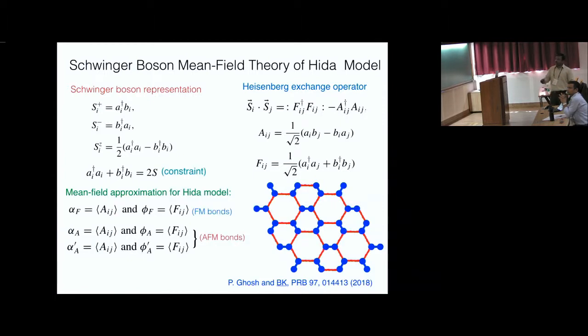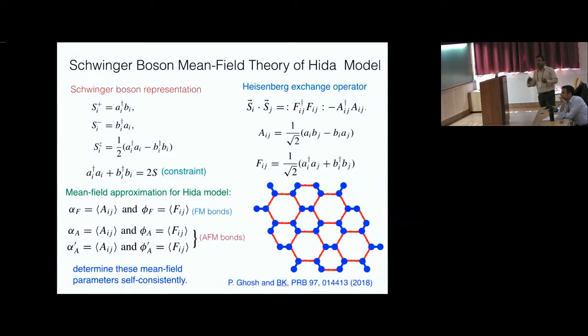For the blue bonds, the ferromagnetic bonds, we define some mean fields, which the system will self-consistently find. For the antiferromagnetic bonds, we remember there is this up-like object and this down-like object. So we just assume A to be alpha and phi to be different on this or that.